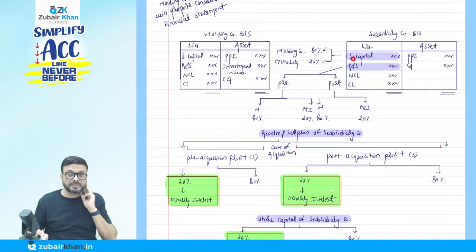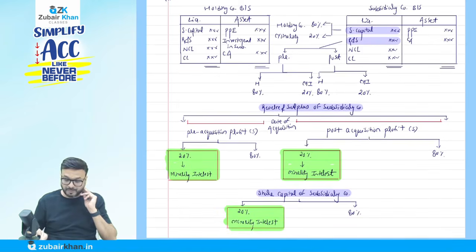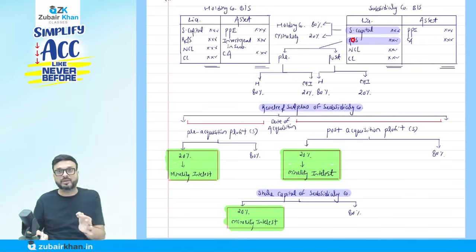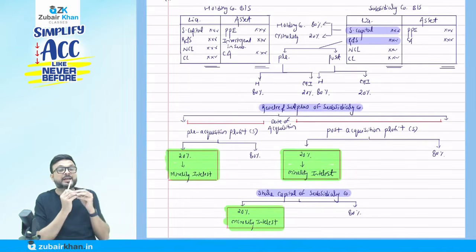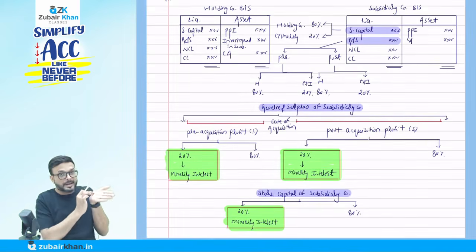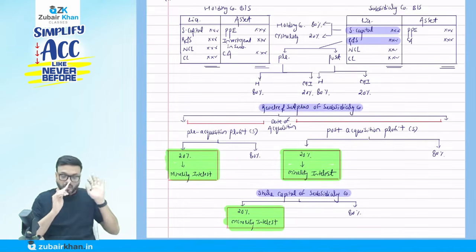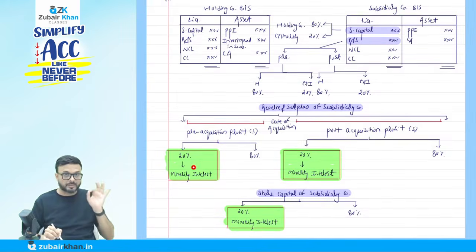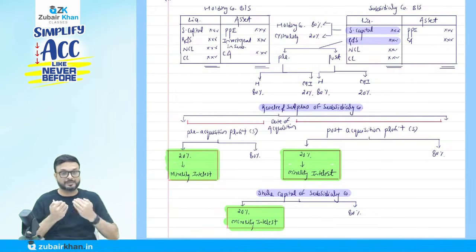In the reserve and surplus, the portion which belongs to the holding company and the portion which belongs to the minority, and the share capital which belongs to the minority, I will make a separate heading and write down minority interest. In that I will write down the pre-acquisition profit of minority, post-acquisition profit of minority, and the share capital that belongs to the minority in the subsidiary company.